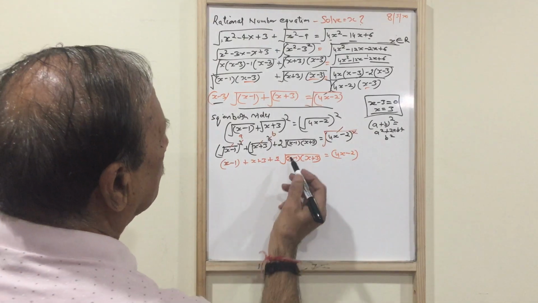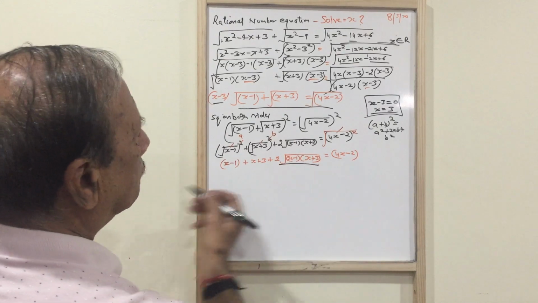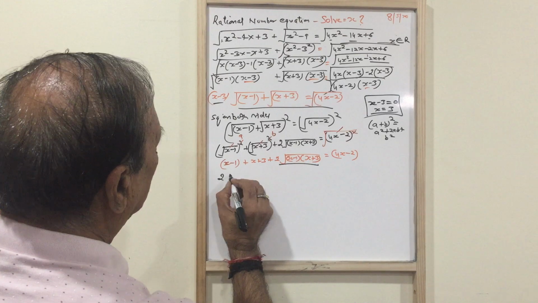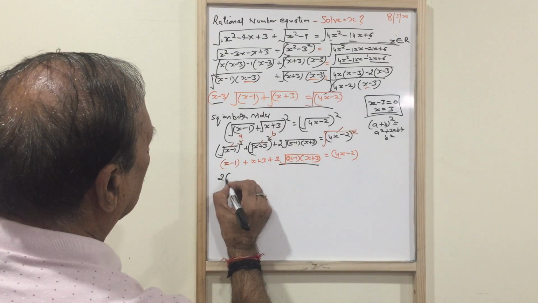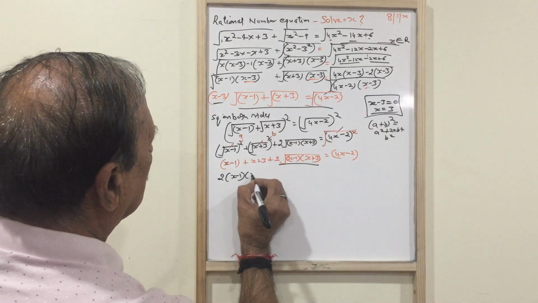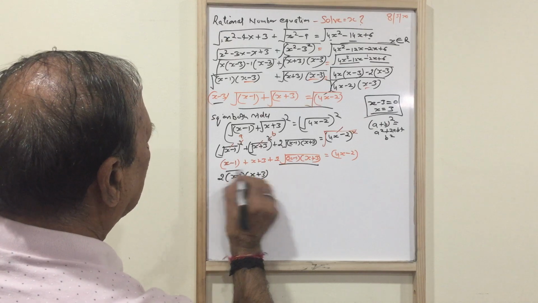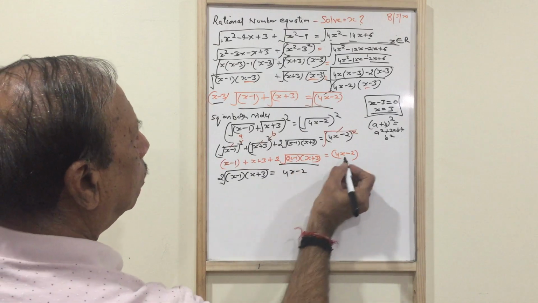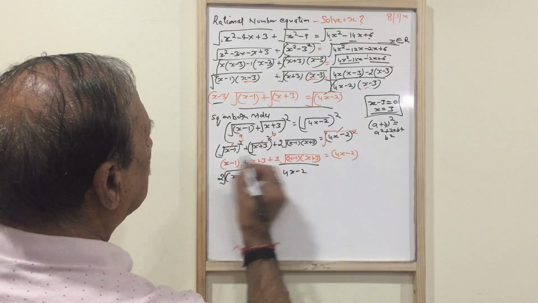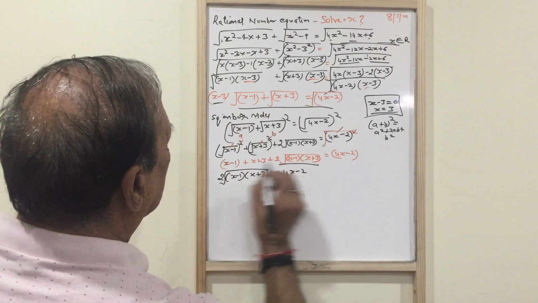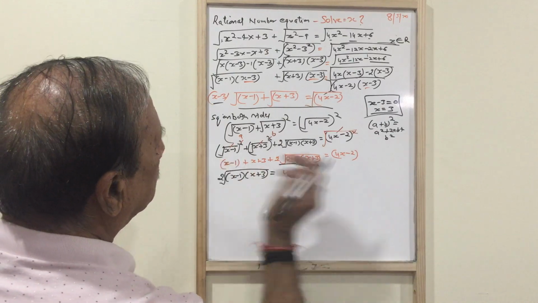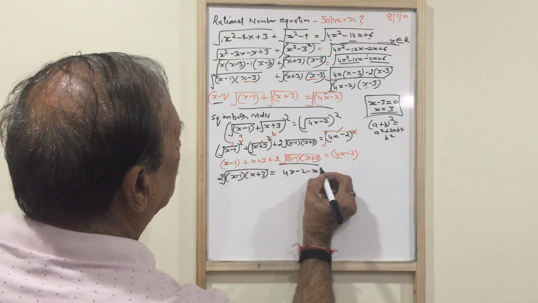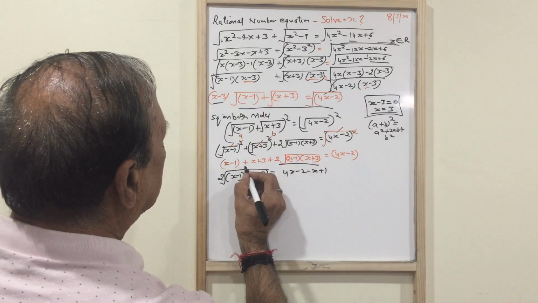Now what we'll do, we'll keep this term on one side and take the other terms on the other side. So here this is 2 root of (x minus 1)(x plus 3) is equal to 4x minus 2. If we take this on the other side, this plus term will become minus, so this x will become minus x, minus 1 will become plus 1.